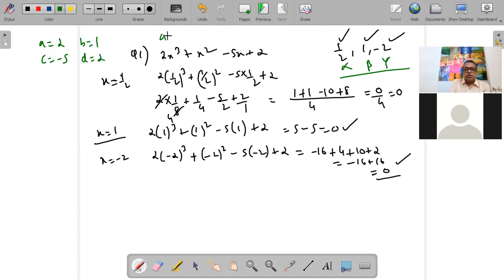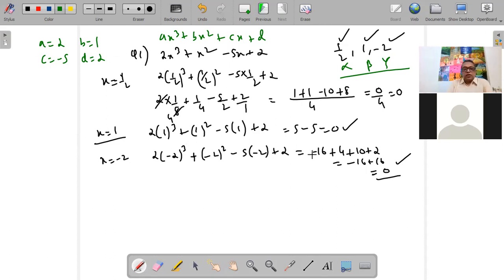I told you the format is ax cube plus bx square plus cx plus d. So A is the coefficient of x cube, B is the coefficient of x square. If no number is written, don't write 0, write 1. So I have written B as 1. C is the coefficient of x and D is the constant value 2. So we get A 2, B 1, C -5, D 2. So I'm getting the values of A, B, C, D.